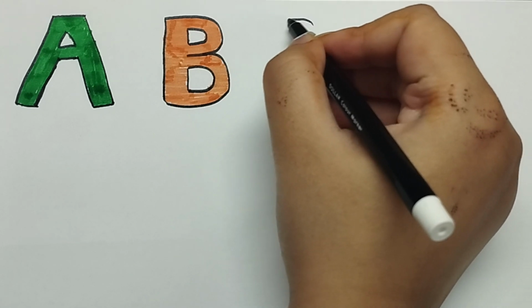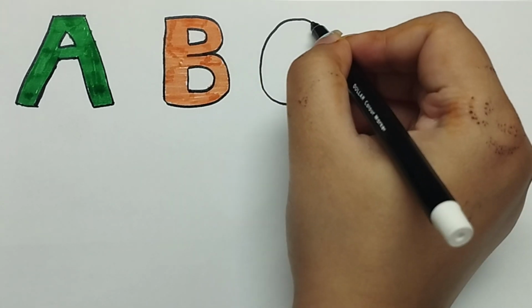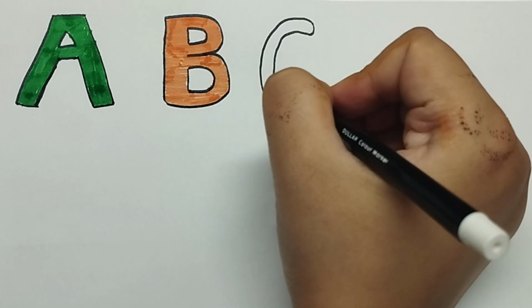Continue this process for letters C through P in part 1 of the video, each with its unique shape and coloring style.